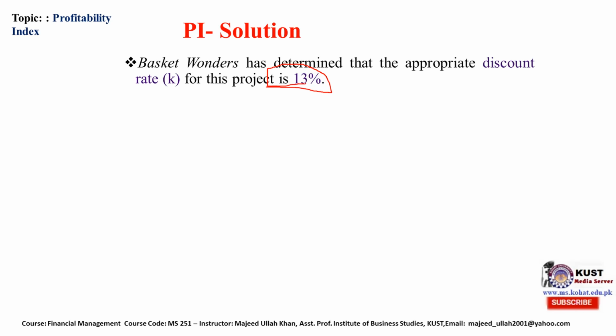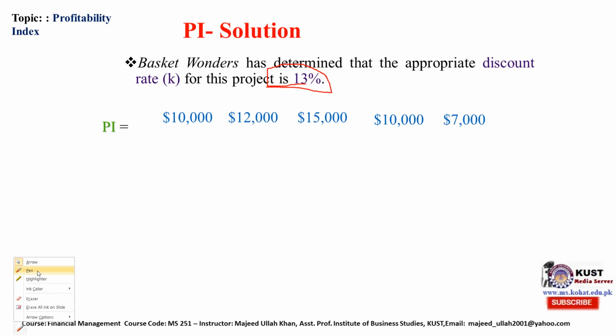So when time value of money is involved, three things are necessary. One is the cash flow or future cash flow. Second is the number of years, and third is the discount rate. So time and discount rate are mandatory in order to calculate present value or future value. So the profitability index is calculated like this.